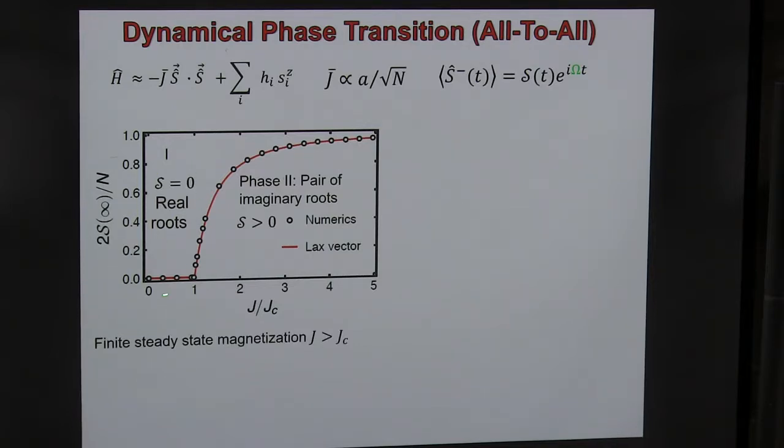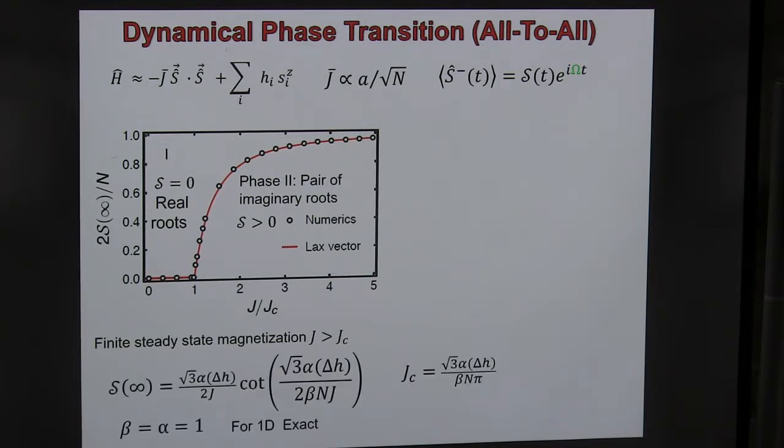In one phase, where the system demagnetizes, phase 1, all the roots of the Lax vector are real and give rise to demagnetization. But above the critical point, there is a pair of imaginary roots that are non-zero, and they are stabilized and have a non-zero steady state.